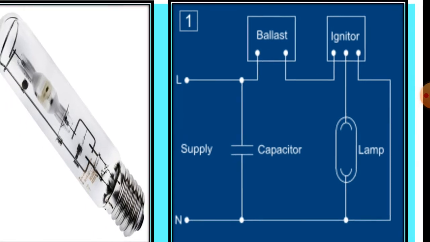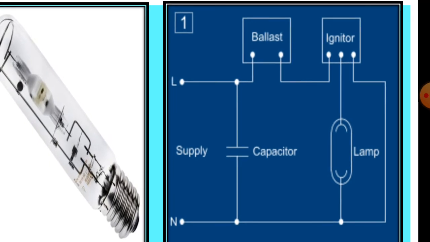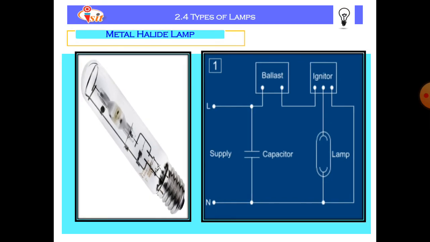So overall, due to the arc and ballast, capacitors are used for the improvement of power factor. So wiring is very simple for the metal halide lamp.